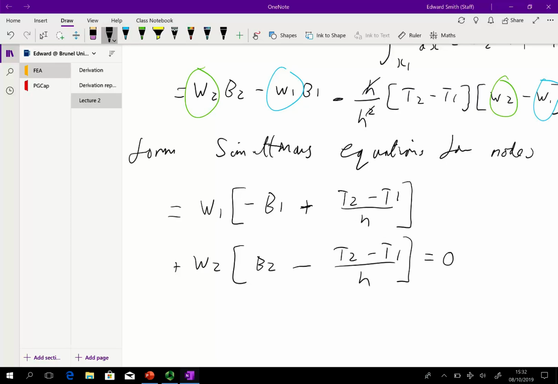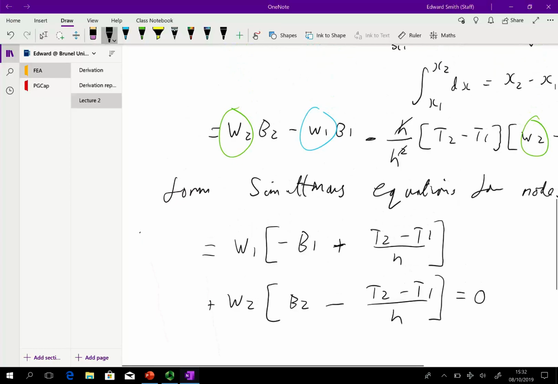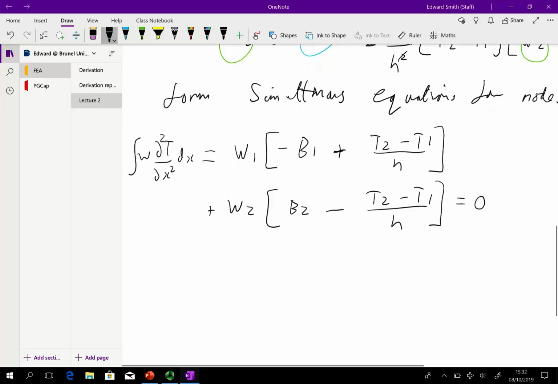Okay, so what these essentially tell us is that this equation, an approximation for the original equation, which is the one we're trying to solve in order to get a finite element solution for our system, is satisfied when both of these terms are equal to 0. Now W1 and W2 are arbitrary weighting functions. They're constants, which means we can choose them not to be equal to 0 for the purpose of solving this equation.